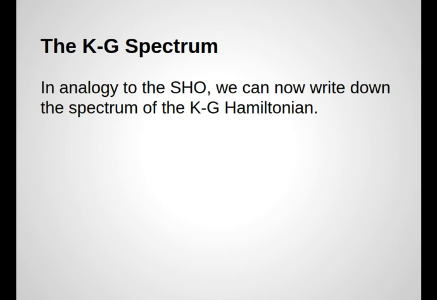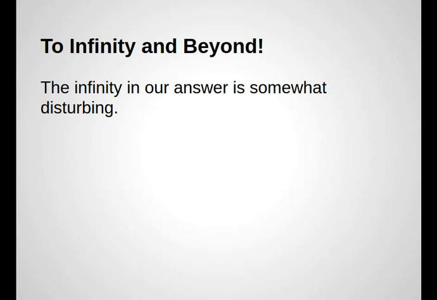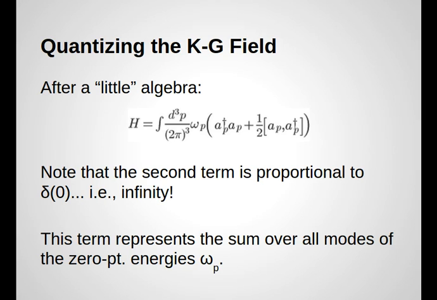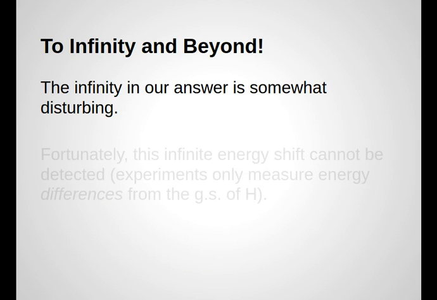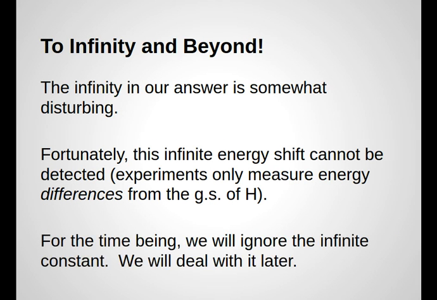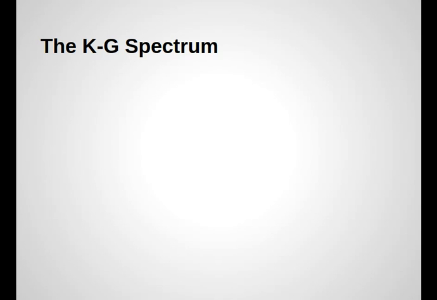So what do we have now? Let me remind myself where we're at. Okay, so we've got a Hamiltonian. We can ignore that infinite energy term, and now we can start to talk about how we construct the states. In the simple harmonic oscillator case, we started with a ground state, and then we built up the excited states by applying A daggers.